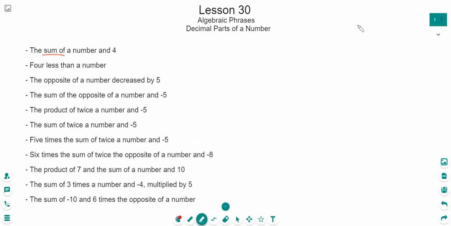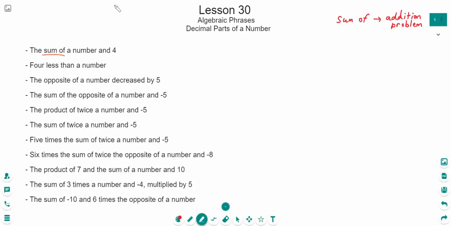So the sum of. Whenever you see the words sum of, these can be translated to an addition problem. Okay, so this is telling us that something is being added. There is an addition problem going on here. Because bear in mind what the sum means.